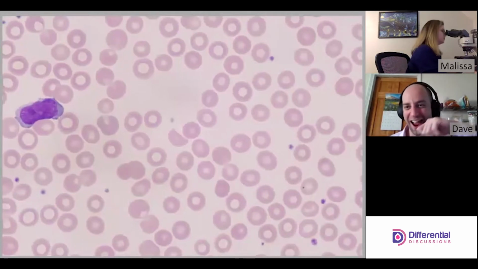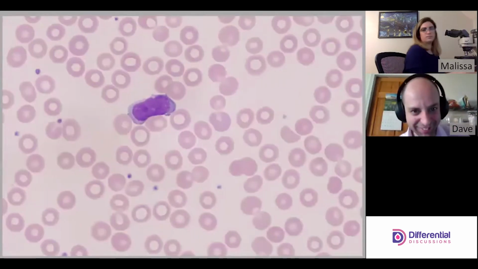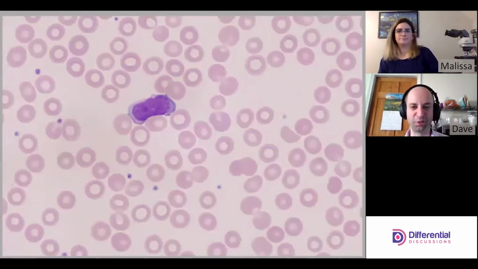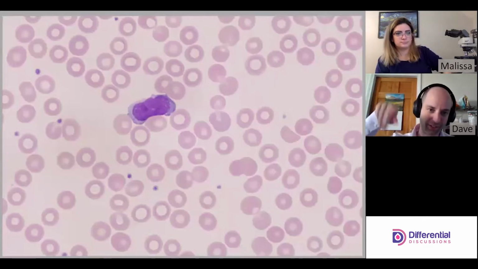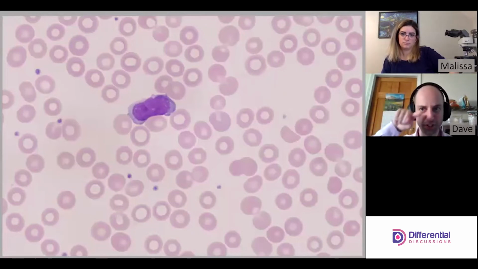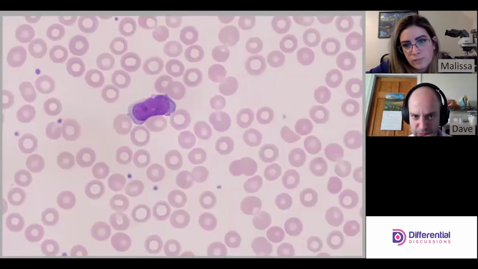Let me pull him in the center a little bit more. Talk about uncooperative too. So I think I see, it's difficult, but I think I see a U shape to the nucleus. Do you see that? I do see it, but I wonder if that's just like right here.